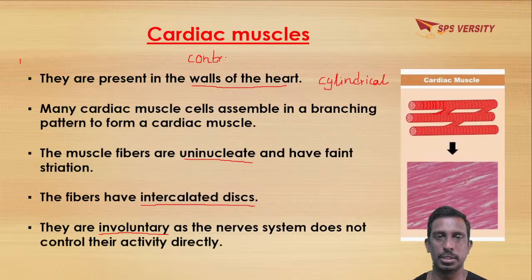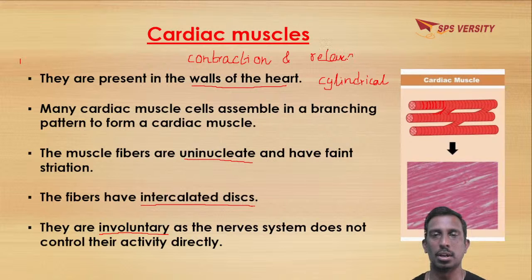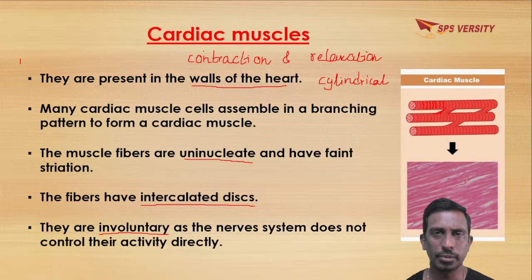So the heart muscles, that is cardiac muscles, will cause the contraction and relaxation of the heart. During the cardiac cycle, you can see the contraction and relaxation of the heart, which is done by the cardiac muscles.